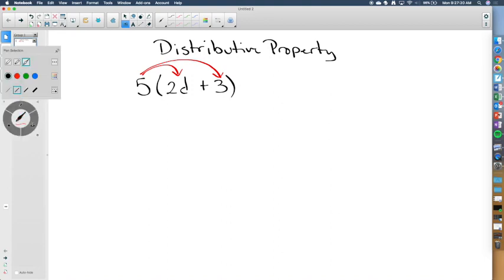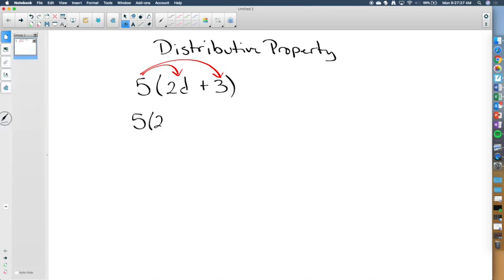So if I've got 5 times (2d + 3), I'm working with 5 times 2d as well as 5 times 3. Each thing inside the brackets is multiplied by what's in front. So that 5 times 2d becomes 10d, and the 5 times 3 becomes 15.